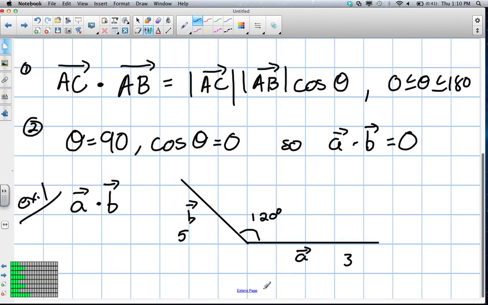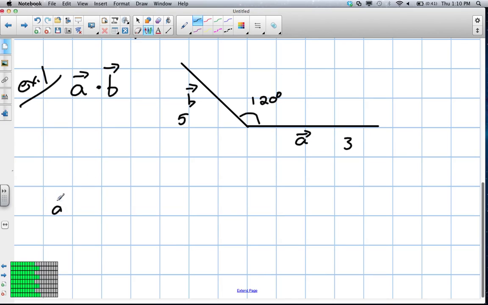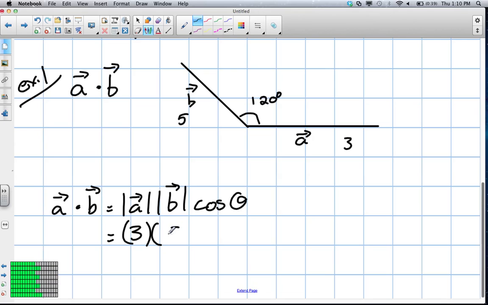Okay? So, we know the formula states that A dot B means that we're looking for the absolute value of A times the magnitude of B times cos theta, which in this case is 120. So, magnitude of A is 3 times 5 times cos 120.